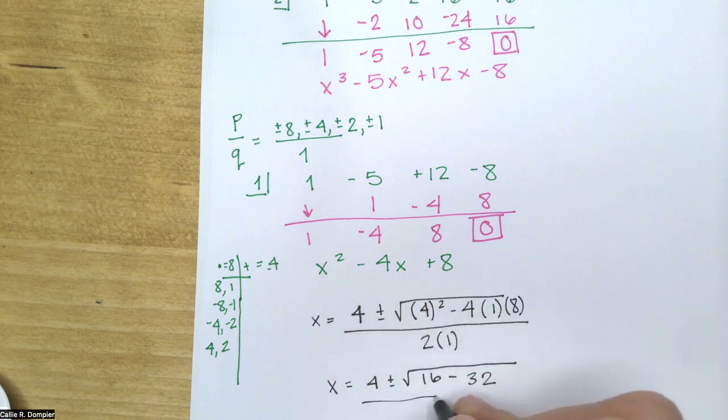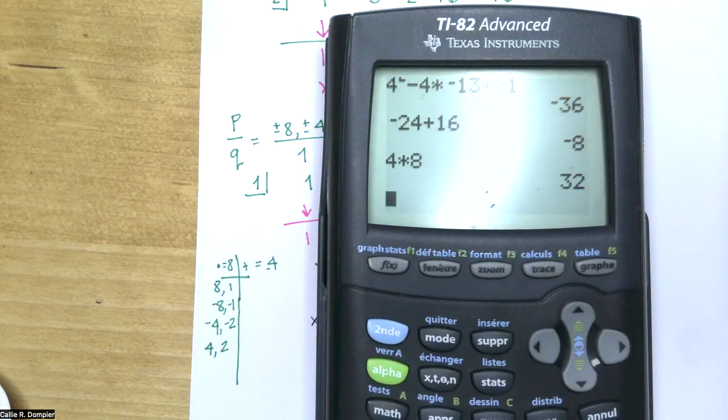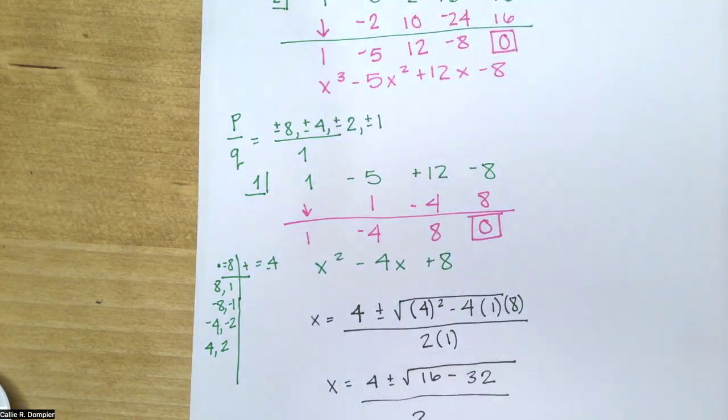So it's negative 32 over 2. x equals 4 plus or minus the square root of 16 minus 32, which is just negative 16, divided by 2.